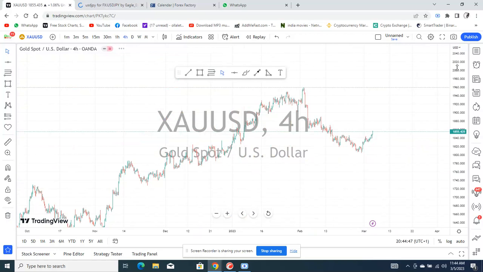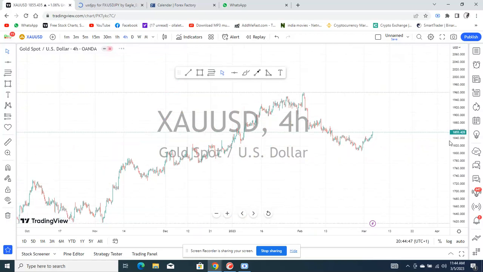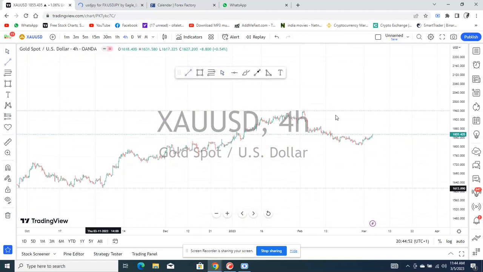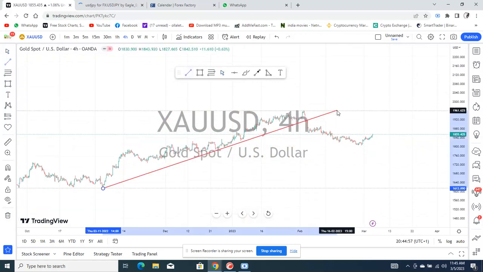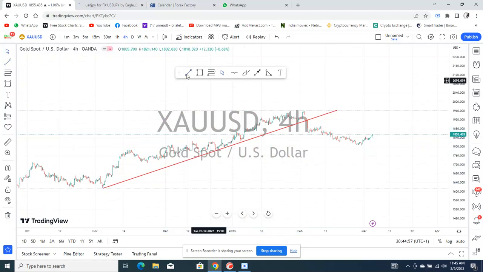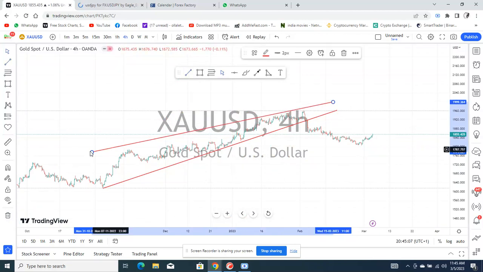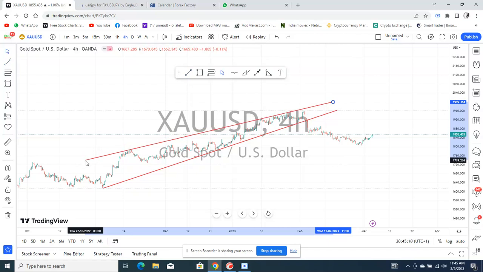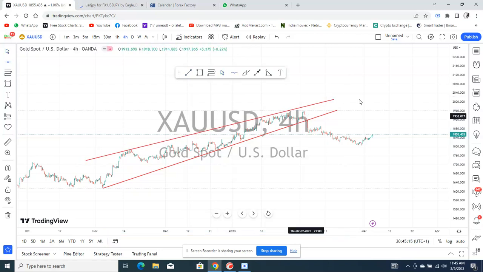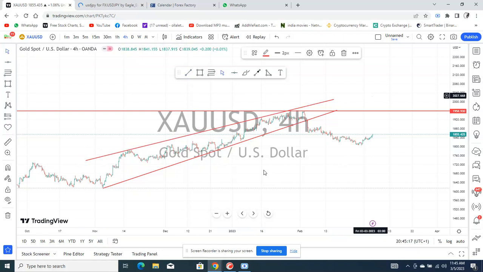Okay, breakout. The price is likely to go for a retest now.